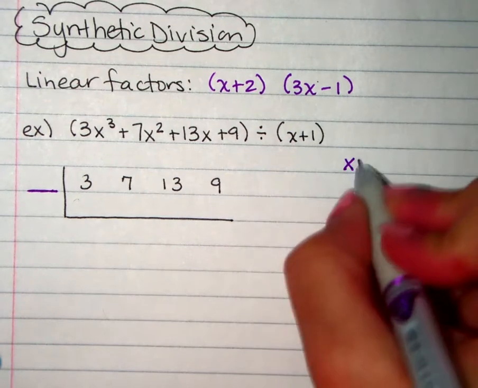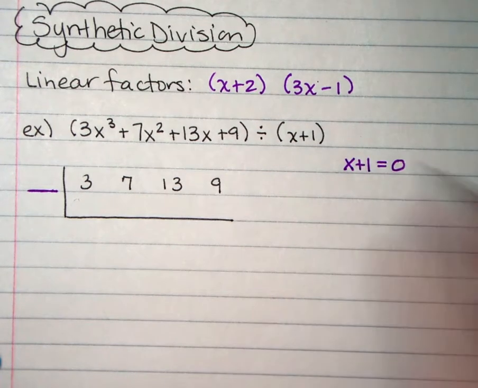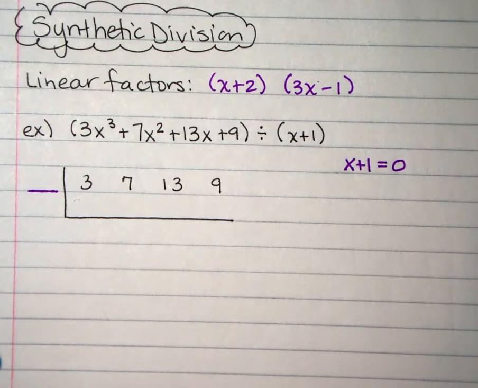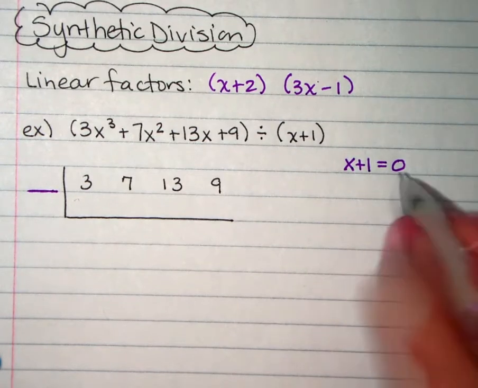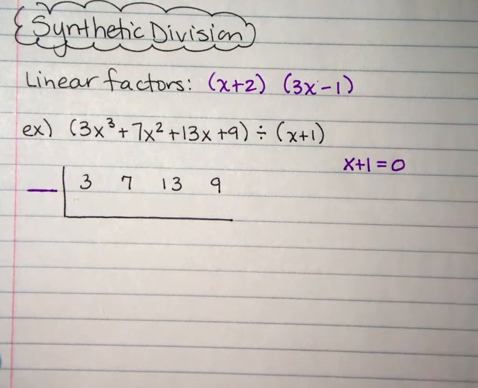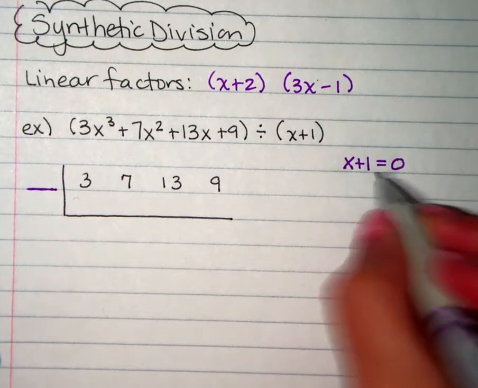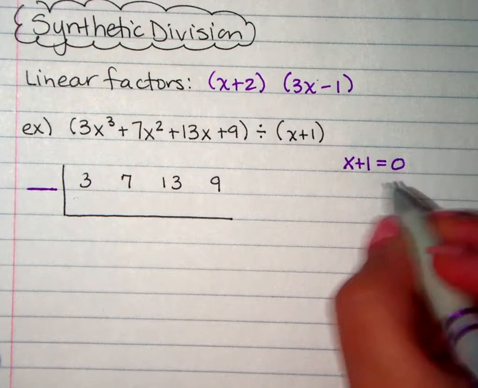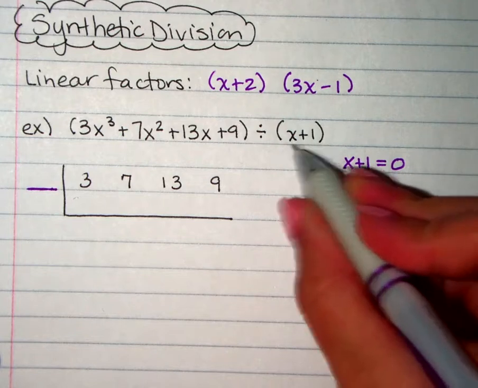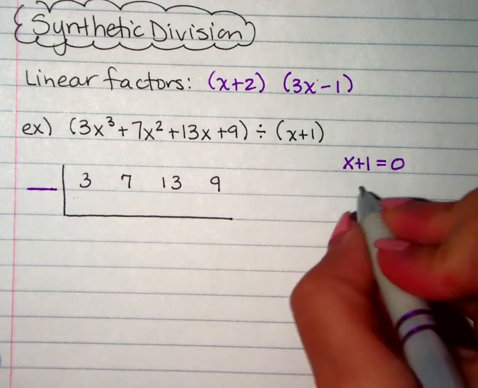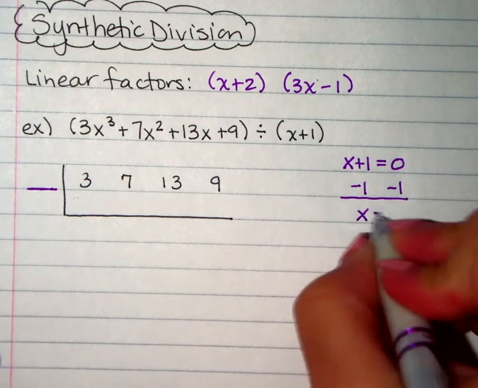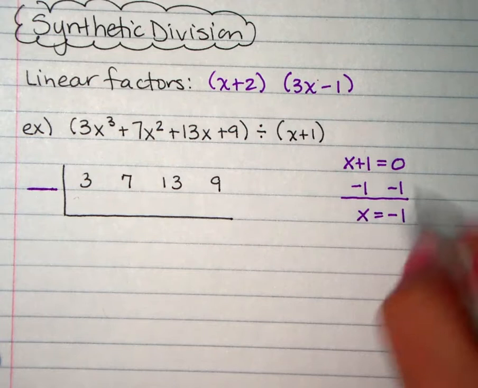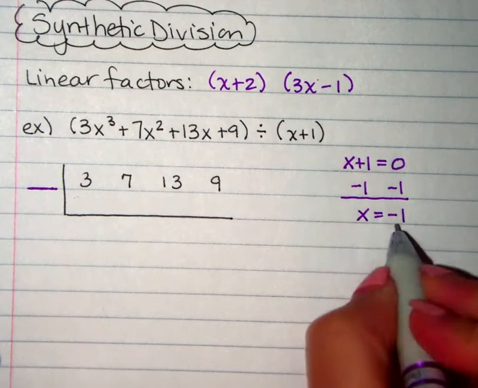Because I need to be able to think about, is this a zero? Is this a factor? As we'll learn in the next section, zeros and factors have the same meaning. So I'm going to set this polynomial equal to 0 and solve. When I get the value for x that creates the 0, that value for x is what's going to be on the outside of my synthetic division.